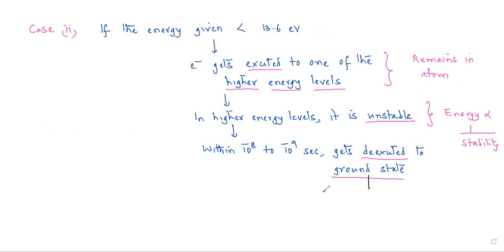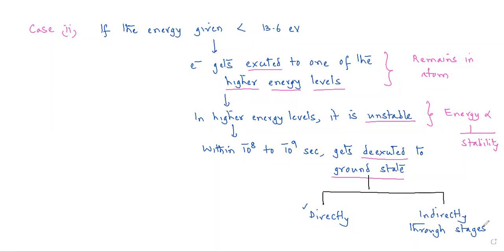Of course, every single electron reaches ground state. But some reach directly from the higher energy level that they got excited to, or some others reach ground state again, but indirectly through stages. So these are the two cases.